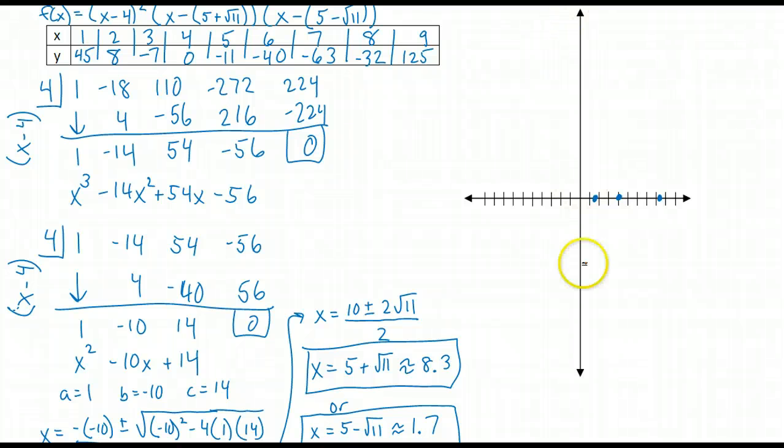Now I left the y-axis blank. I can make the y-axis whatever I need it to be. My highest value is 125, and my lowest value is -63. So I don't want to count by ones. I'm going to try counting by tens. 10, 20, 30, 40, 50, 60, 70, 80, 90, 100, 110, 120.